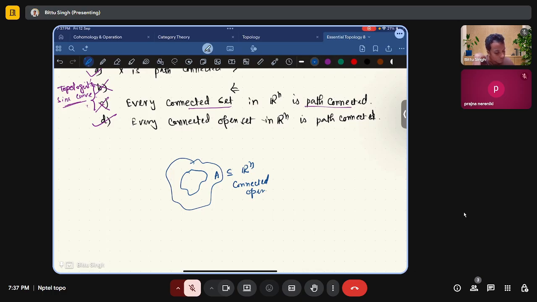Now, suppose A is not path connected, then consider one path connected component. Okay, so this is a path connected component. Let B be a path component.